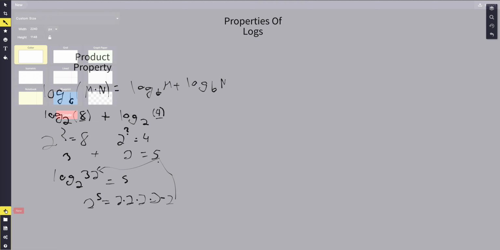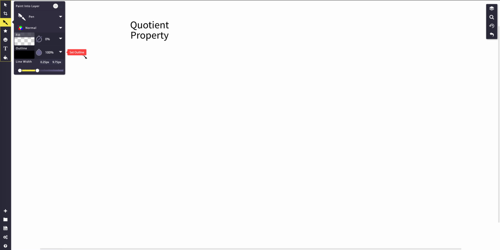So now I need more space, so I'm going to do another sheet. Let's do the quotient property. Okay, so what this property says, I'm going to do again with variables.